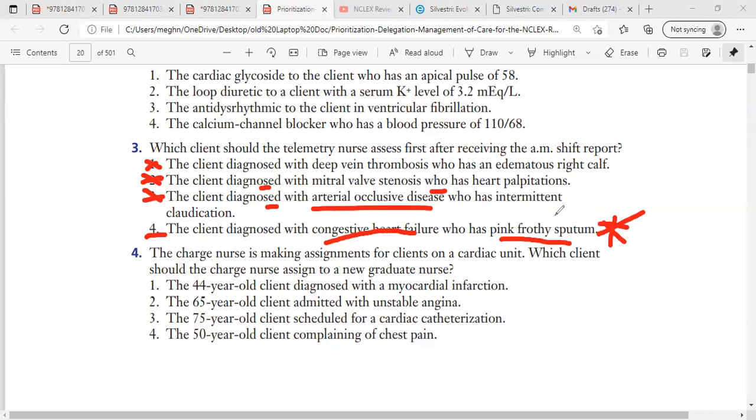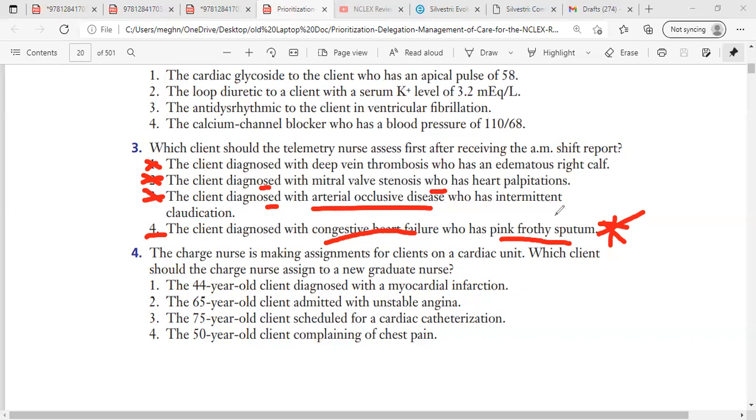The nurse would not expect a client with congestive heart failure to suddenly have pink sputum.